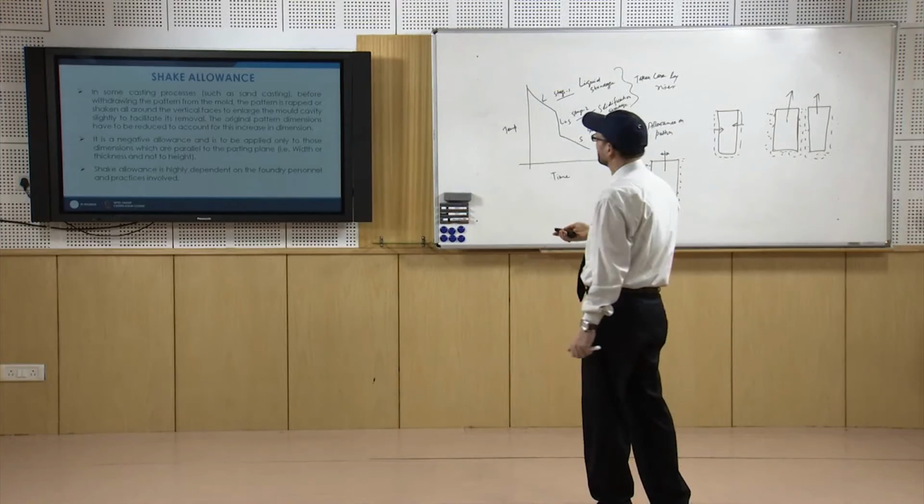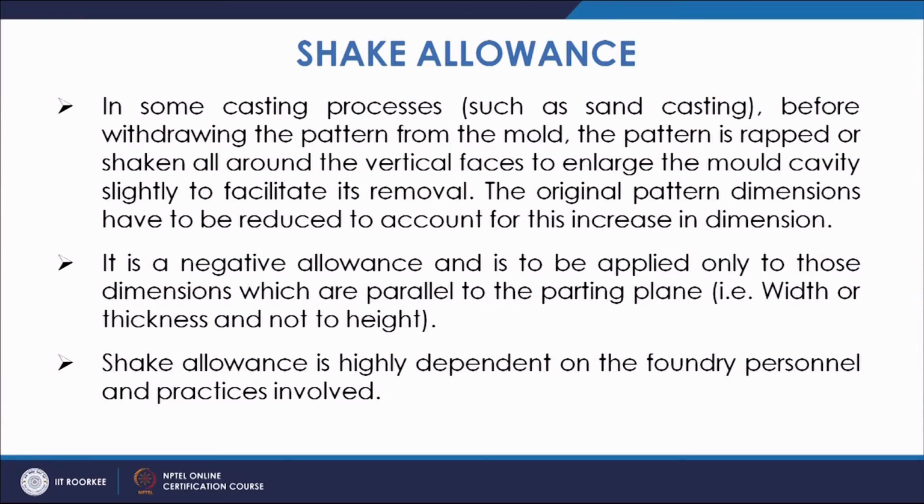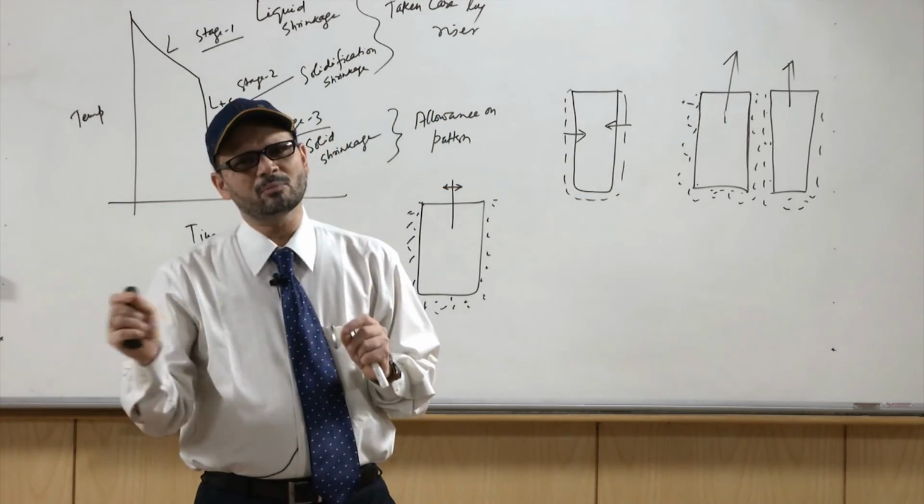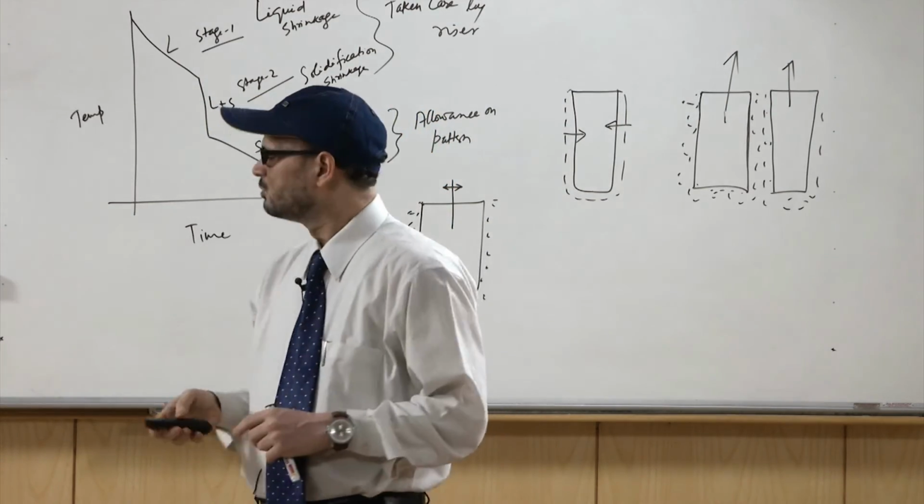It depends upon the skill of the foundry personnel. If it is a very expert person, he may know the intricacy and give a very small amount of shake allowance, and if it is a novice who is learning, he will shake it a little more, so that the shake allowance will be more.